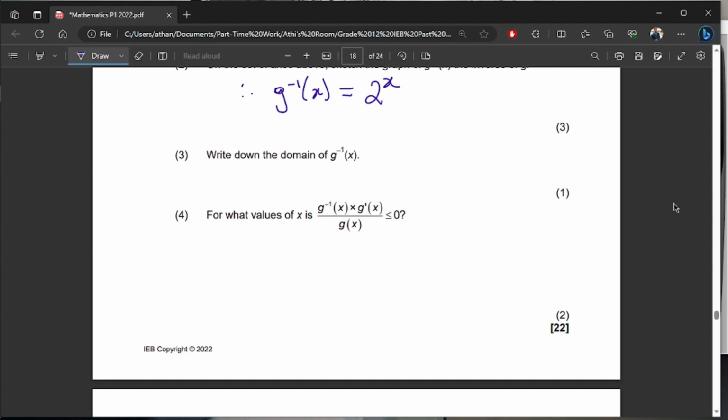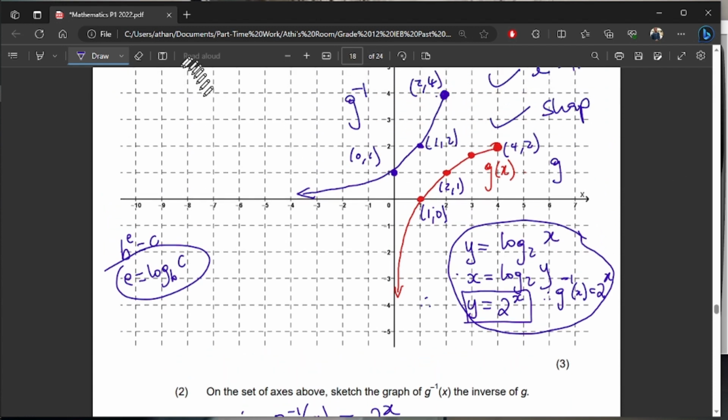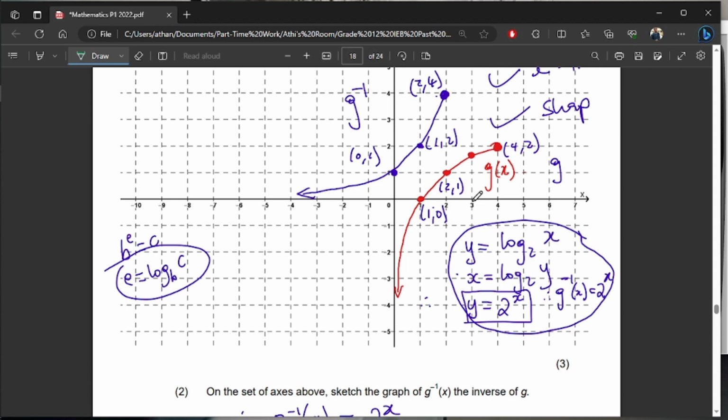Question number 3, write down the domain of the inverse. The domain will be the x values of the inverse function. The domain is x moves all the way from negative values, but when it reaches 4, it stops.